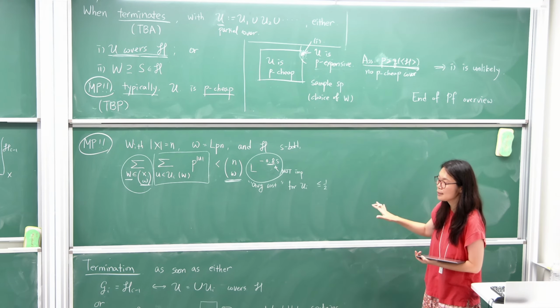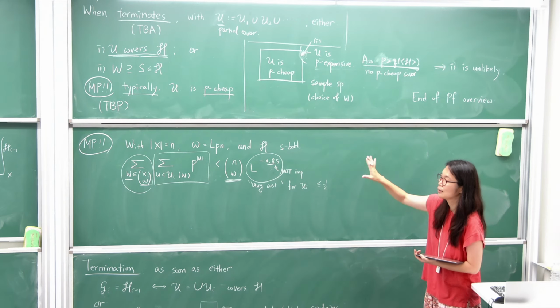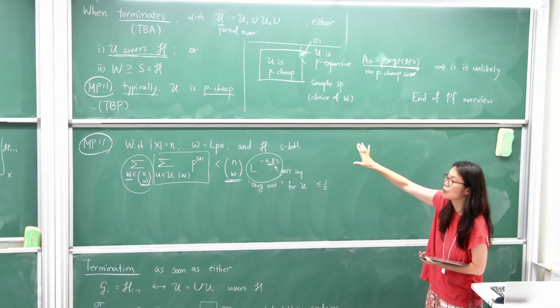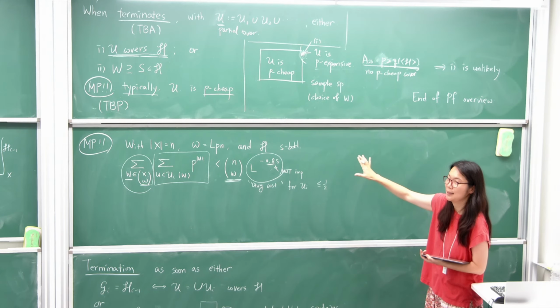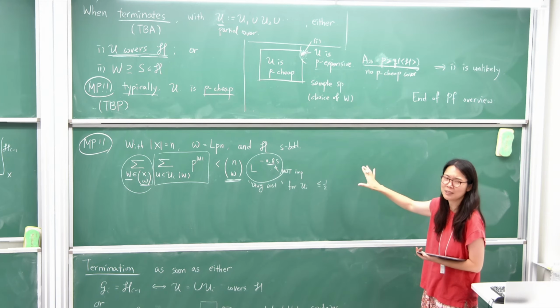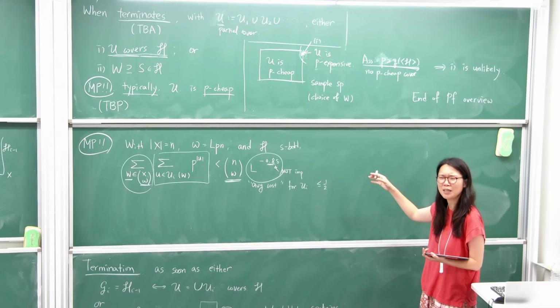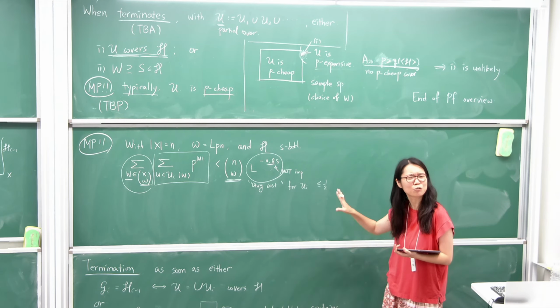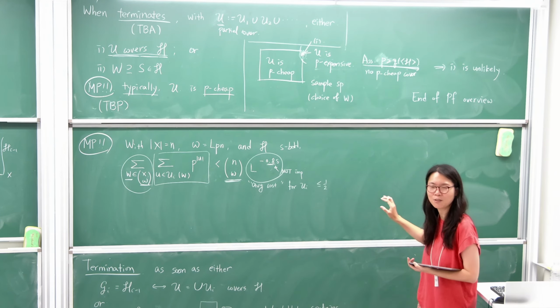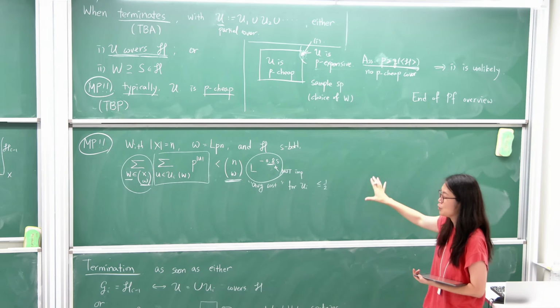So once we show this, then we are done, because it says that typically our partial cover is cheap. Of course, here we have to use Markov's inequality to show that this is typical behavior, but would you like me to write down this Markov inequality? I think it's fine. So on average, this is very cheap.